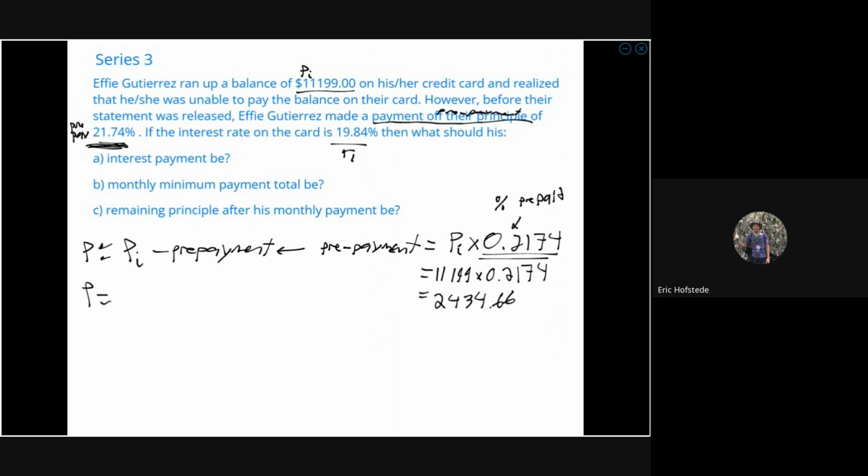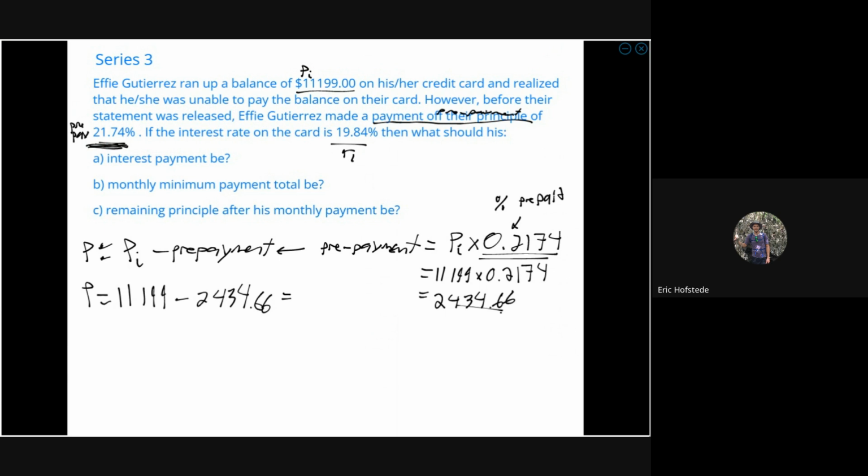So my principal is equal to the 11,199 minus the 2,434.66 that I've prepaid. I just calculated. This is how much I still owe. This is my principal for the question.